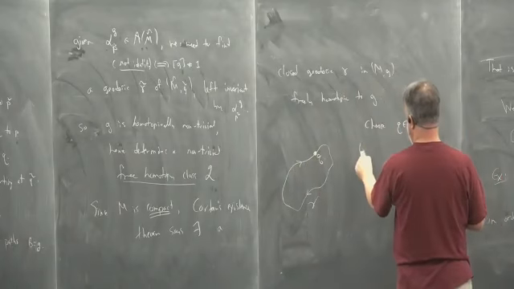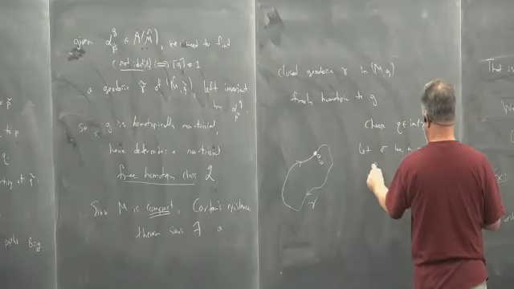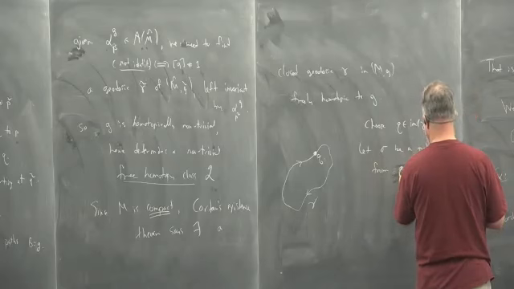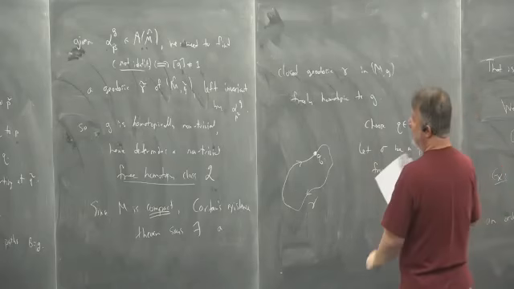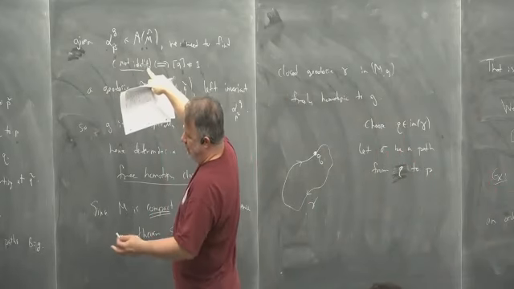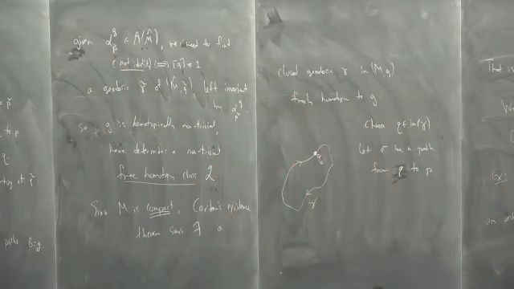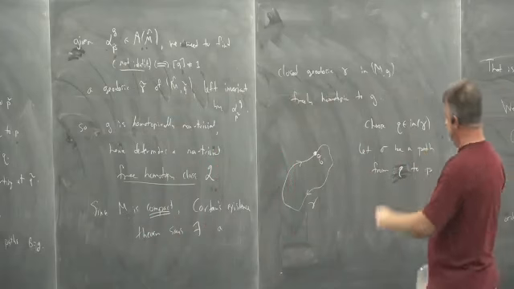And let sigma be a path from Q to P. So this P is this one, right? To understand this isomorphism, remember, I had to pick a base point for my fundamental group. That's my P, and then I even had to pick a P tilde above it to get this isomorphism.